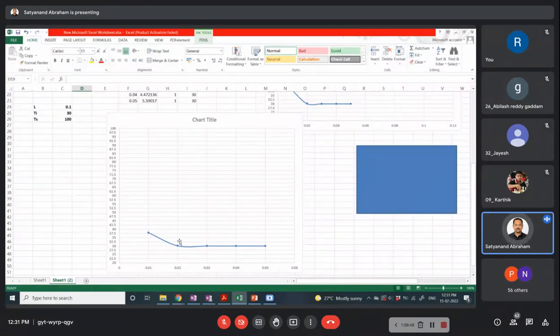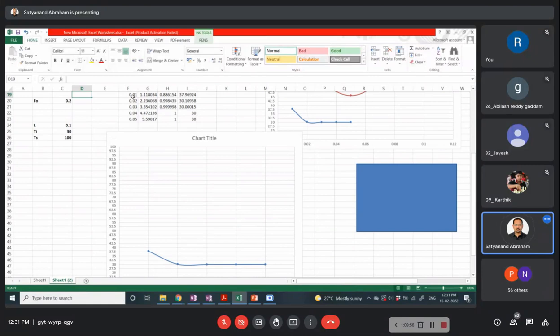So you can see that even though I change the boundary condition, we will put x equal to 0 also over here.